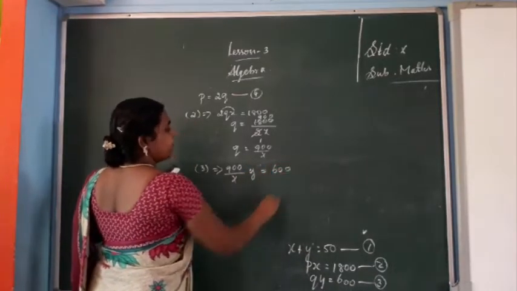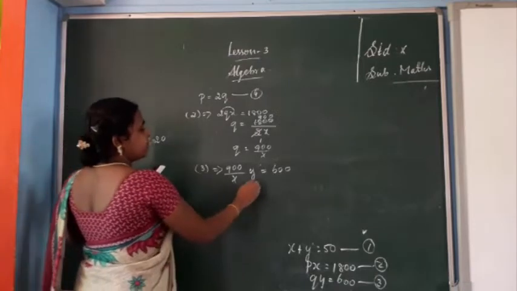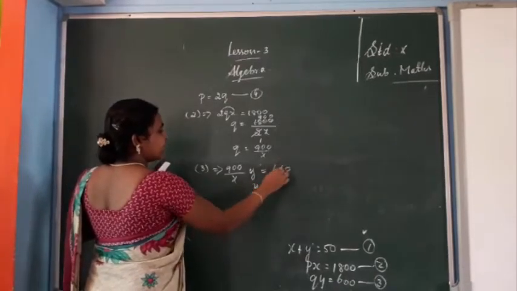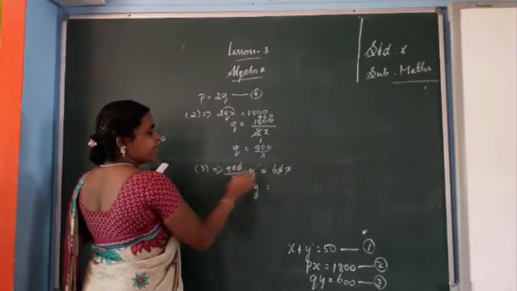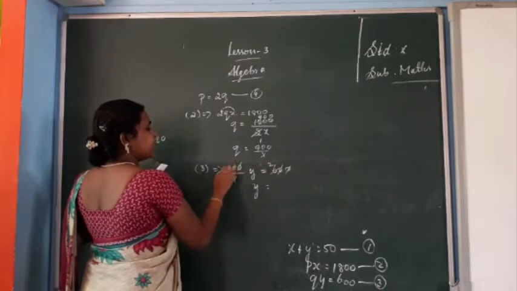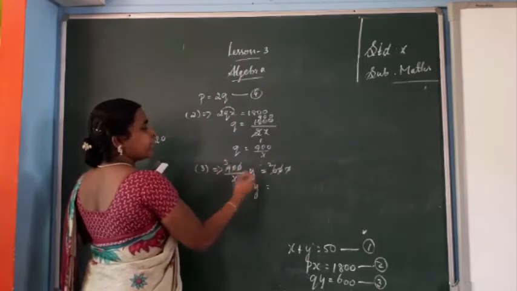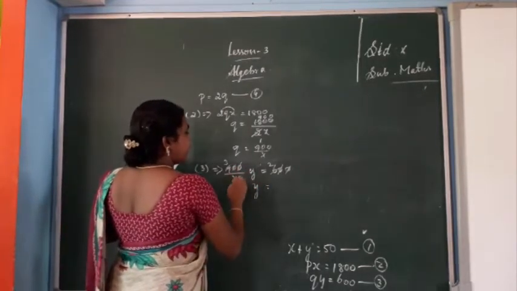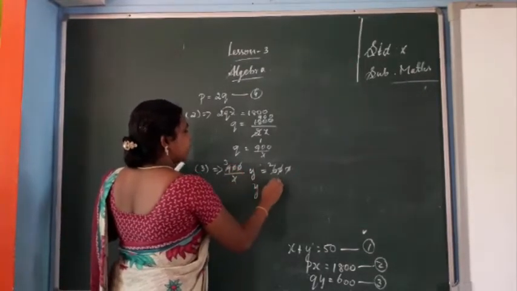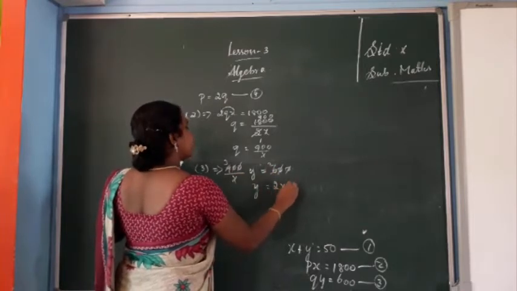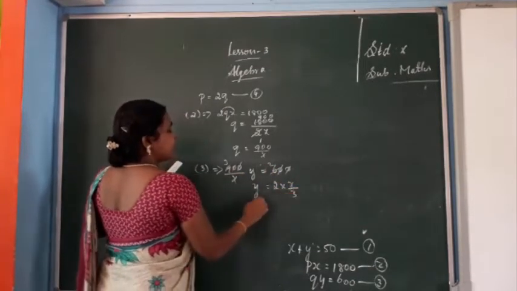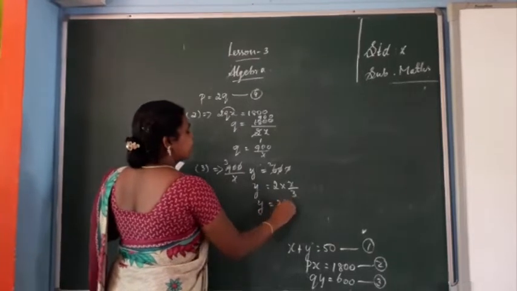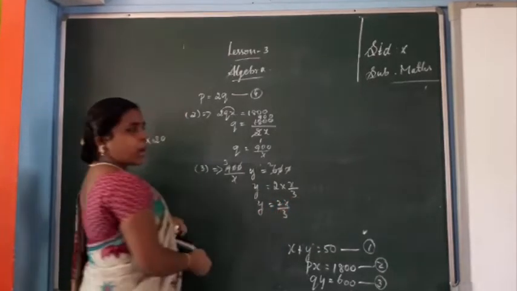The next, Y equal to, on the right hand side, the zeros cancel, 2 3s are 6, 3 3s are 9. So Y equal to 3 by X, and on the right hand side X by 3, the reciprocal, isn't it? So the value Y equal to 2X by 3. So here also only unknown.